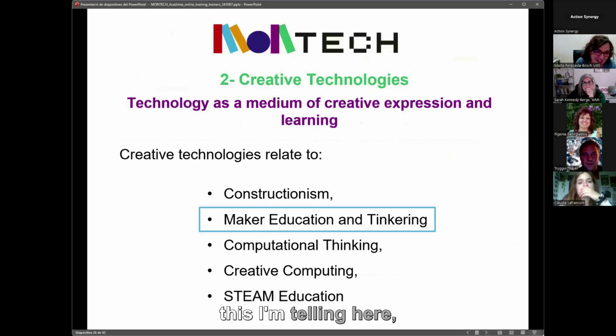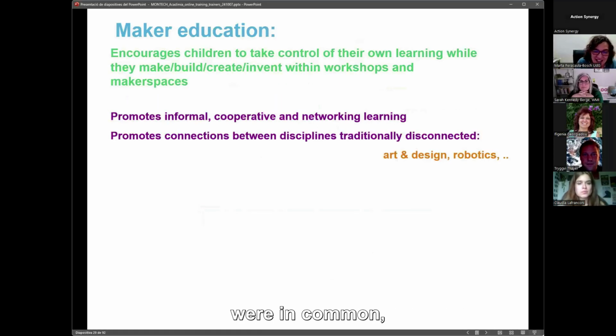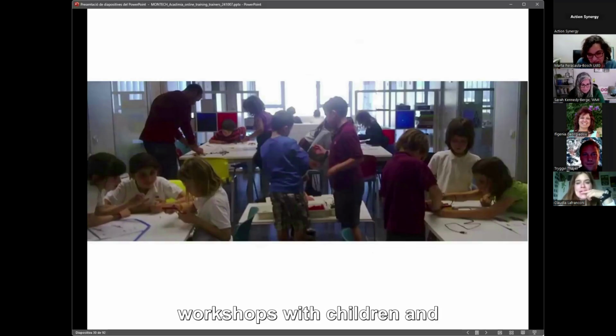That's why, with all these concepts I'm telling here, we connected very much with the Montessori approach, because we thought there were many things in common, like this taking control of their learning. Okay. And what happened, I'm still in the maker topic, at the beginning when we started with our group and we started doing workshops with children and with teachers, we were very proud of ourselves.